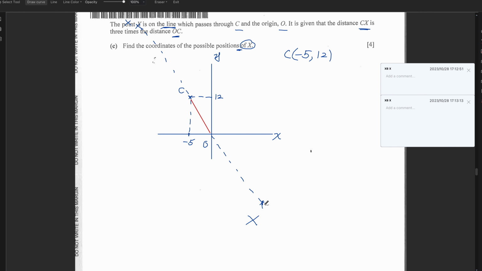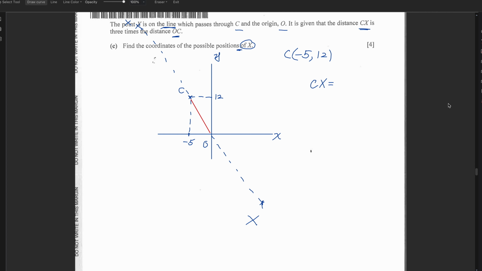If it's here, which means my CX is 3 times your OC. My OC is 13 units, my CX is going to be 39, right? So that means this is 2 times. If I use ratio, this is going to be 1 to 2, and this is going to be 1 to 3.